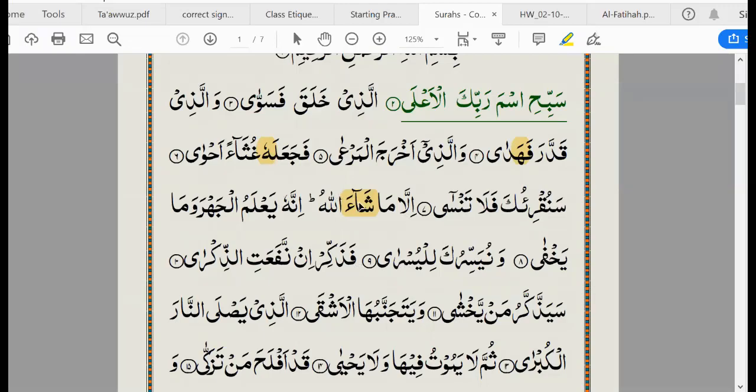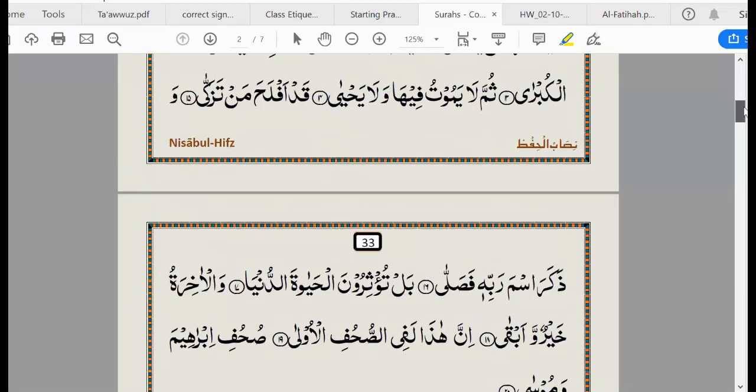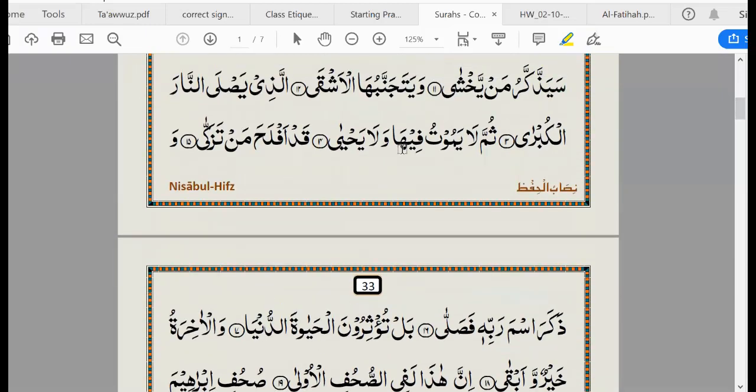In verse 8, I already mentioned you prolong sha. In verse 14. Okay. Did I prolong it by accident? Yeah.